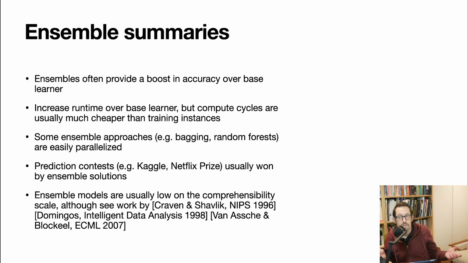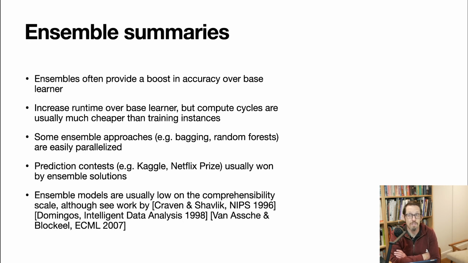So overall, at the end of the day, we know that ensembles often give us this boost of accuracy at the cost of increasing runtime, right? Because you're not just training one thing, you've got to train a lot of things for a given setup. However, some of these approaches, at least the bagging-based ones, can be parallelized.